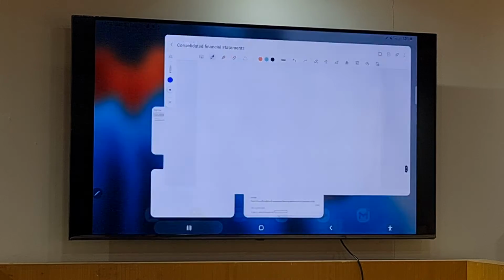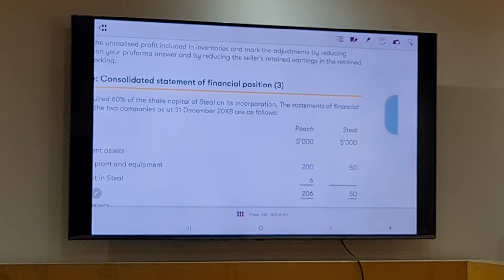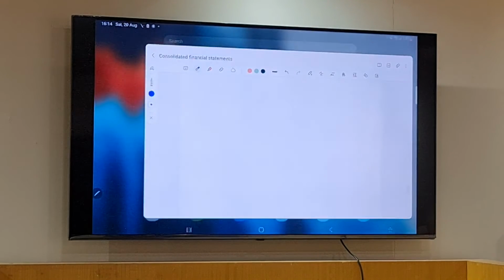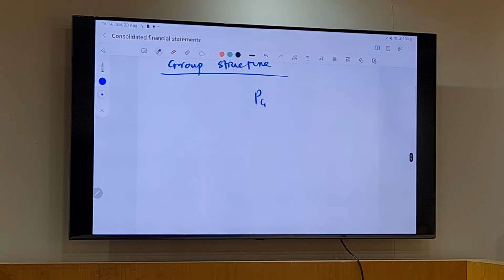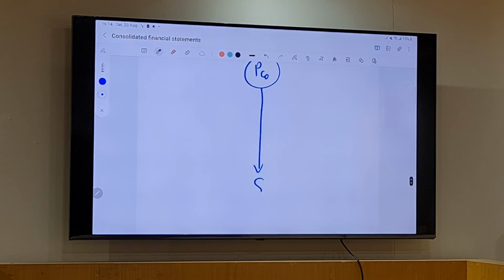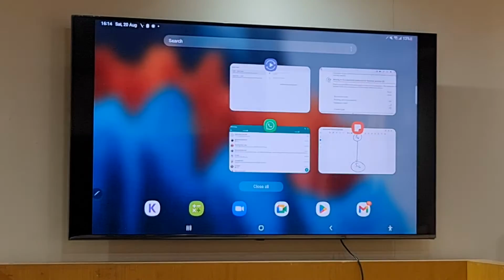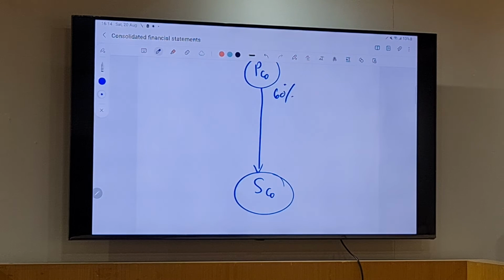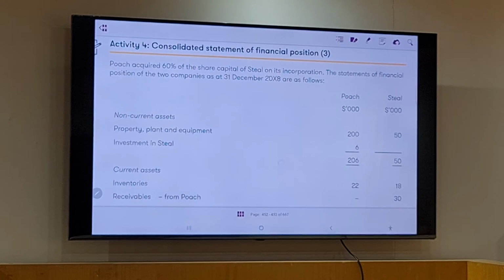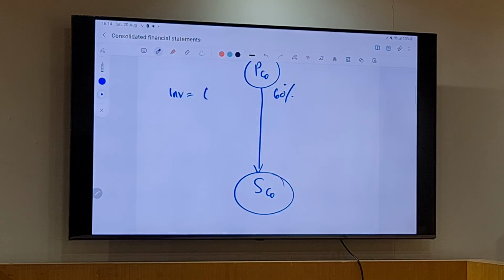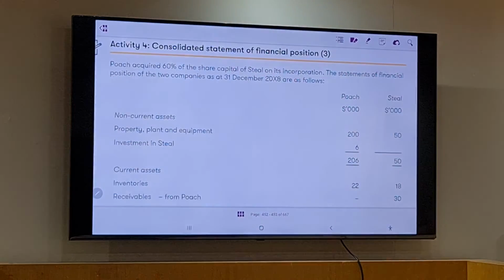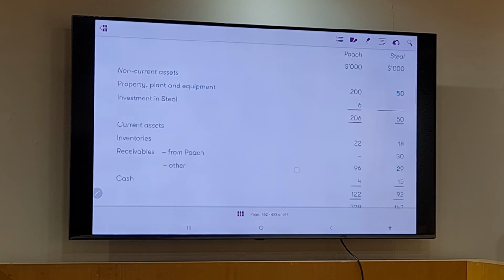Which company is acquiring which company? P is purchasing S. P company, 60%. That's one. Then no revaluation.